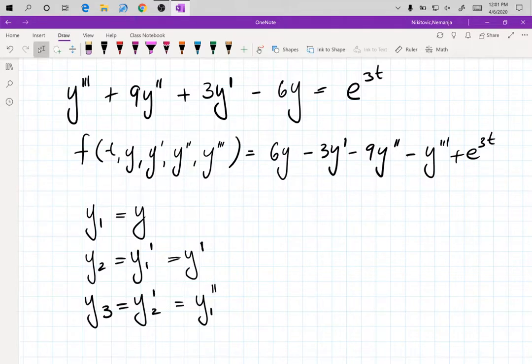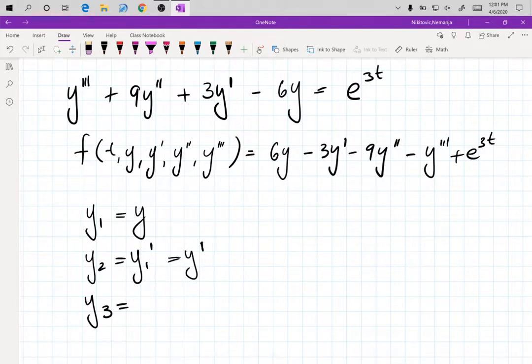I hope that makes sense. All right, so what we can do is use the y double prime there, because then I don't have to solve it. Yeah, let's do this.